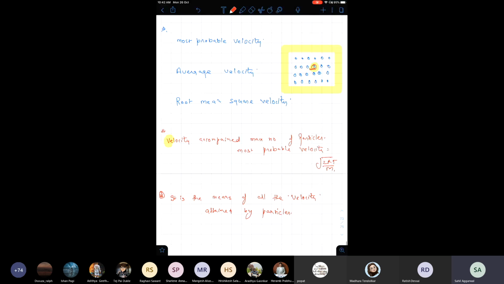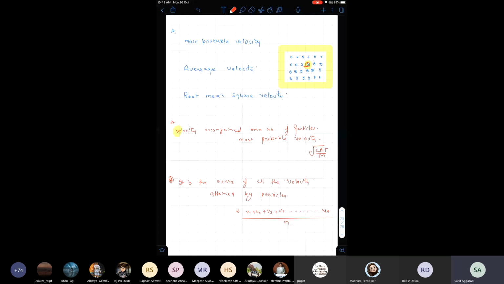V1 plus V2 plus V3 plus V4 till Vn divided by total number of particles। Understood?